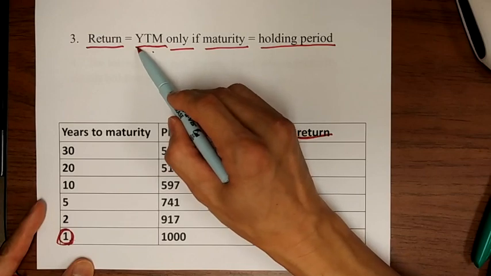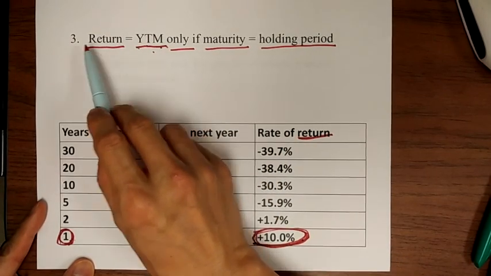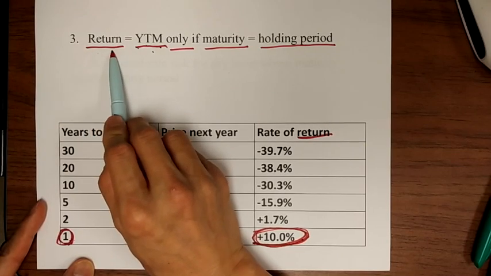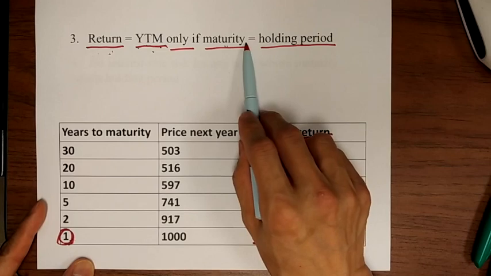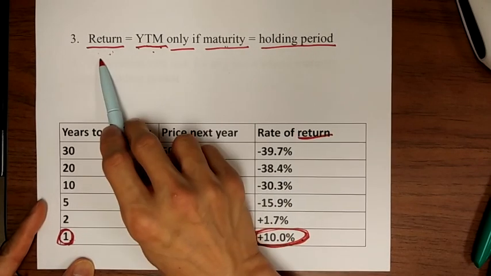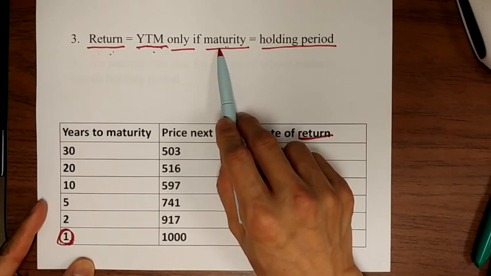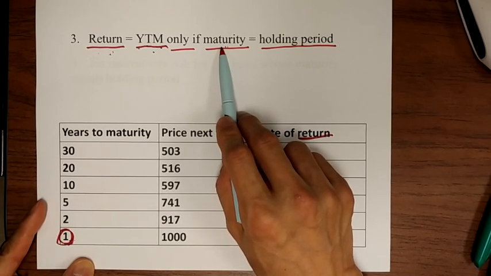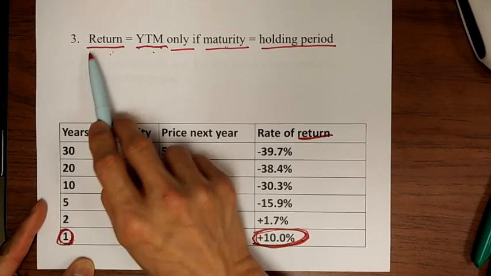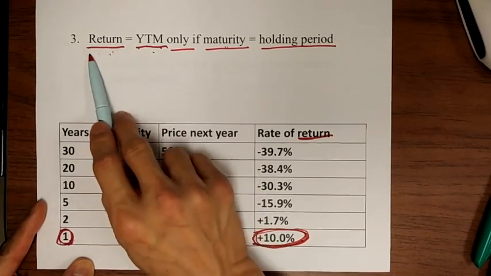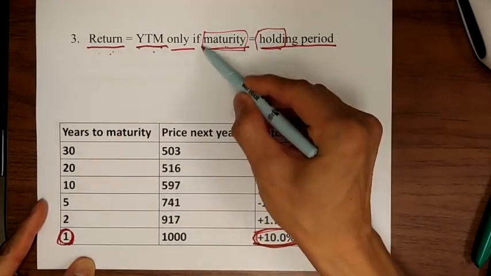Interest rate is yield to maturity. What is rate of return? Rate of return is yield not to the maturity. But if you hold the bond till the maturity, then holding period is the maturity date, is the maturity. Therefore, yield not to maturity becomes yield to the maturity because you do hold to the maturity.